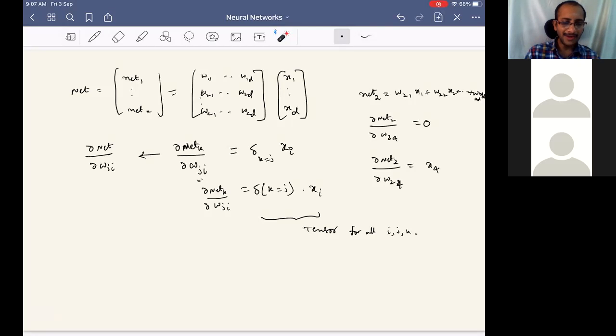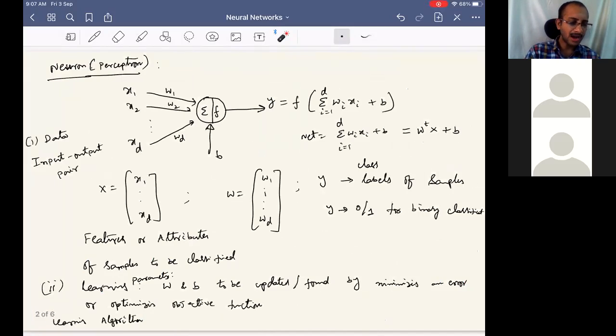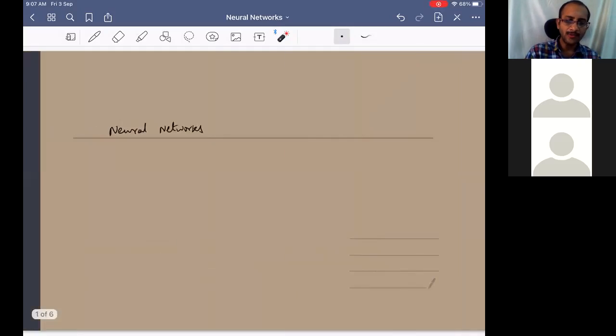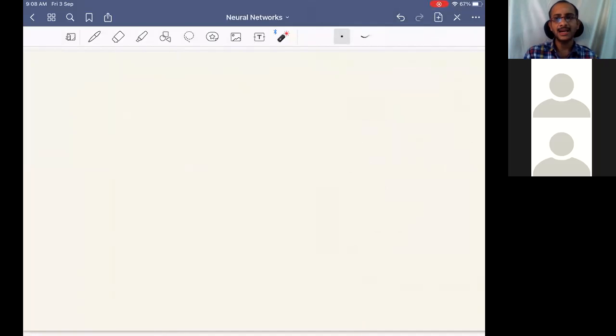Probably what I will do in this class, just to start with, is give you some very brief questions on vector differentiation, vector to matrix differentiation, and then vector to scalar to vector differentiation. Let us distinguish them and then move on to multi-layer perceptron, or propagation in multi-layer feed-forward neural network.